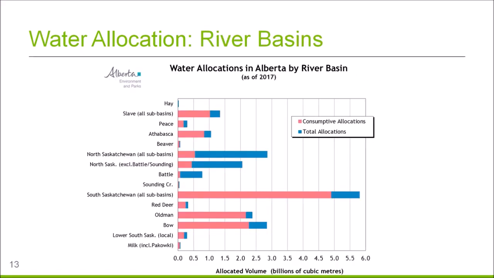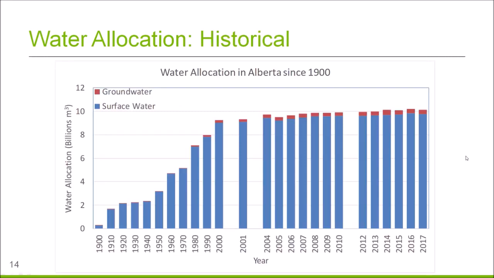In this slide, we are showing the total allocation in Alberta by river basin. As you can see, the South Saskatchewan River Basin has a lot of water allocation compared to northern rivers like the Hay. Now, in this plot, I'm showing the total water allocation from 1900. So it's just a way to show how water allocation is increasing over time.